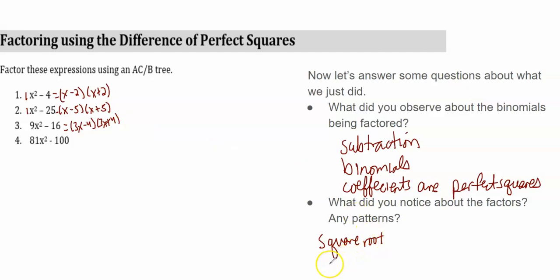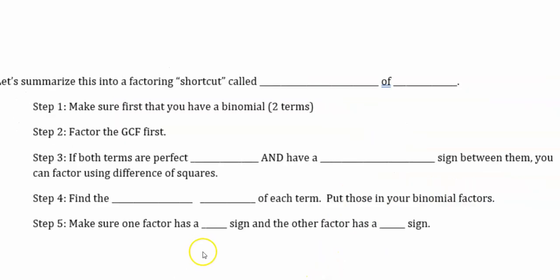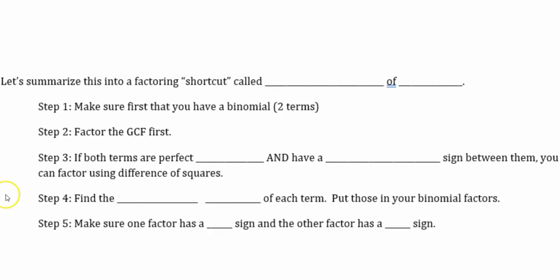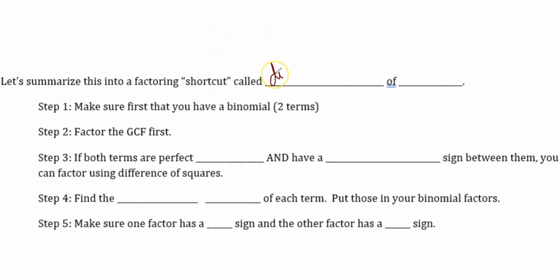And then everything had one with addition, one with subtraction. So let's summarize this shortcut. That is called difference of squares.